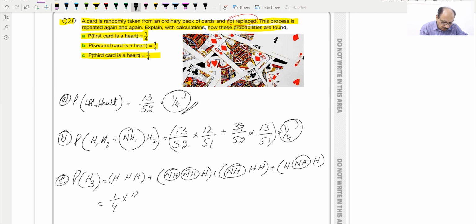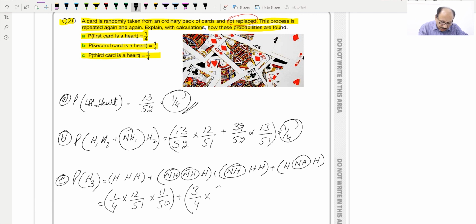Second heart will be 12 over 51, because 1 is gone, and third heart will be 11 over 50, so 1 less in each case. And first not heart will be 13 over... 3 by 4. Basically we can write 3 by 4, and because first heart is 1 by 4, so first not heart will be 3 by 4. This is how we have taken.